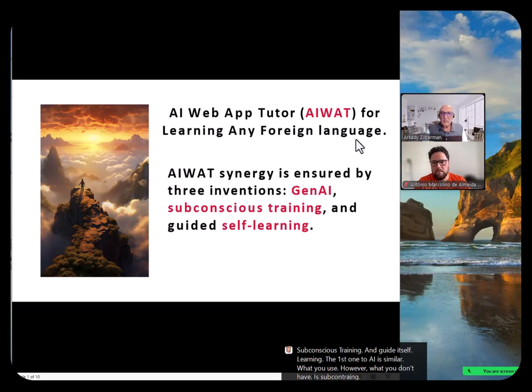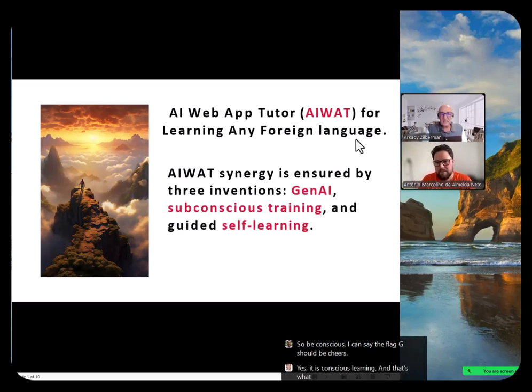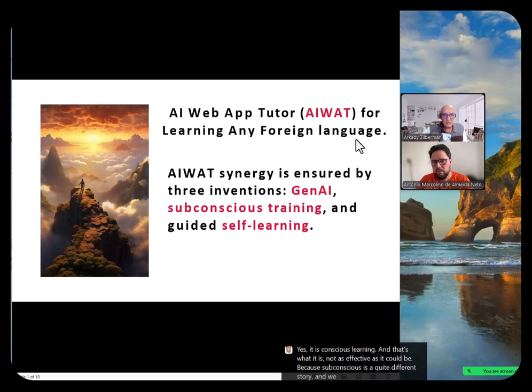By the way, a quick question: does FlexG use conscious learning or subconscious learning? What do you think? Yes, it is conscious learning, and that's why it is not as effective as it could be. Because subconscious training is a quite different story, and we'll go into details in this presentation.